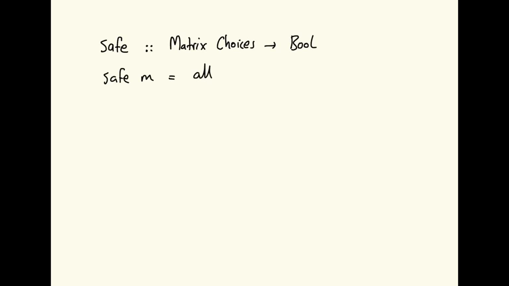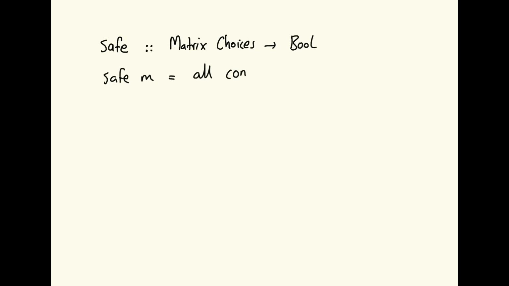So let's define what it means for a matrix to be safe. A matrix of choices is going to be safe, so that's going to return true or false. This is a very easy function to define because I'm going to use a helper function.